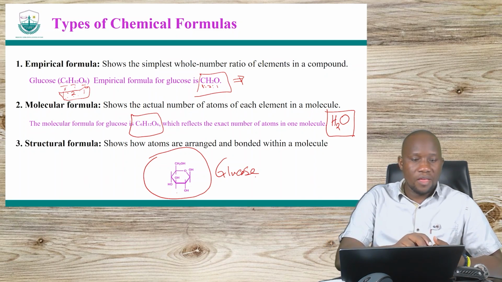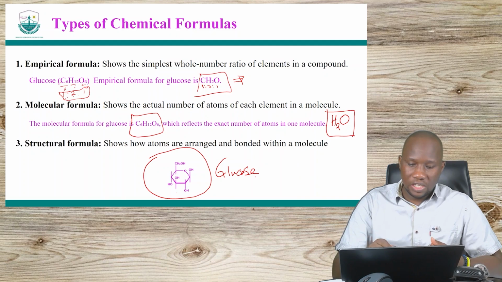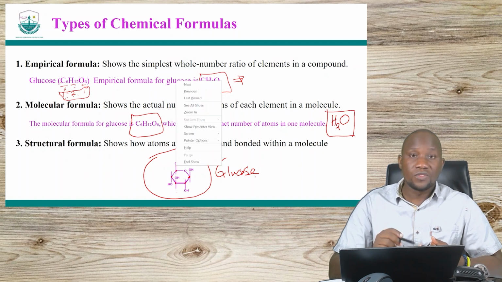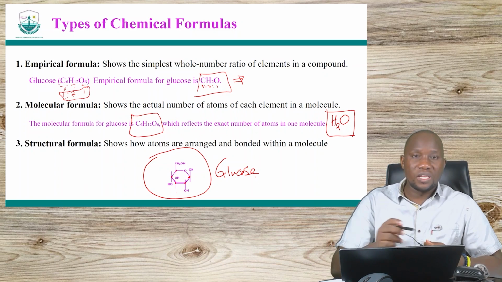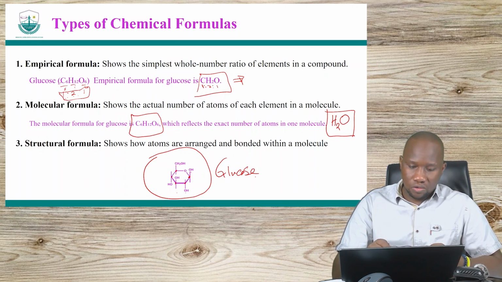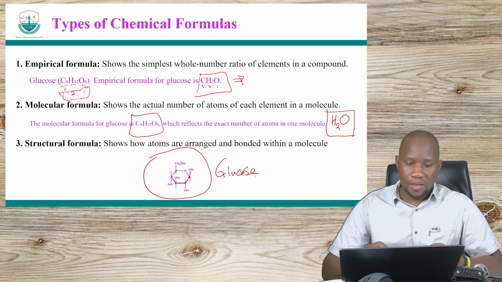So here we have 6 carbon atoms. At each corner here, you have a carbon, carbon, carbon, carbon. Those are 5 plus this carbon here. Those are 6 carbon atoms. And then we move to oxygen. We are saying that oxygen atoms are 6. 1, 2, 3, 4, 5, 6. And then we are saying that the hydrogen atoms are 12. Are they 12?